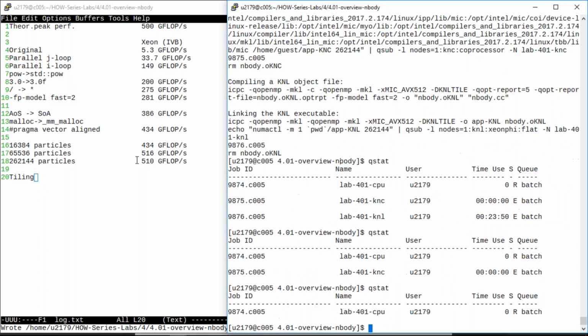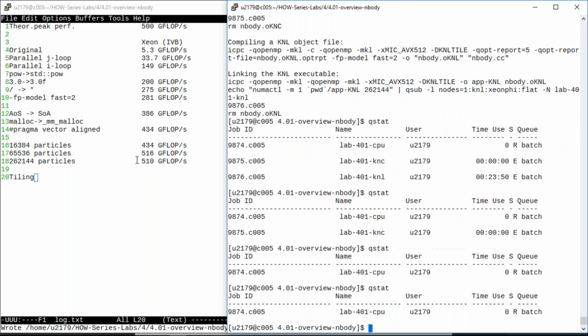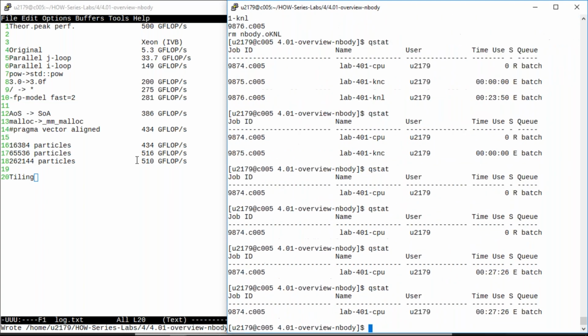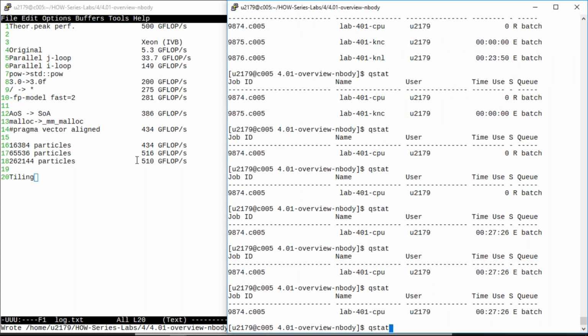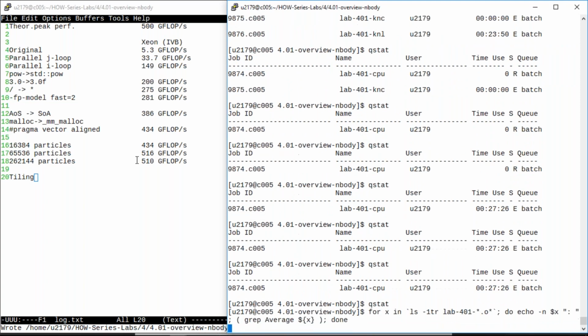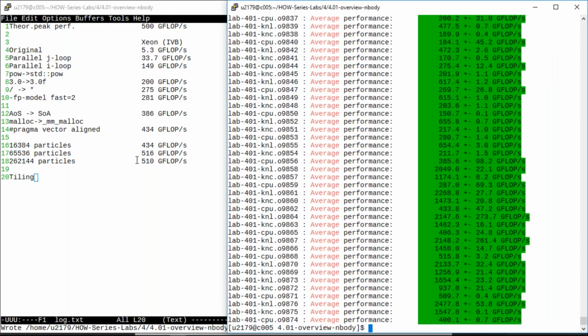Some calculations have finished. The CPU calculation is still running. It might take a while because we are solving a much bigger problem. Well, this is the latest performance results. The last three results are our numbers.